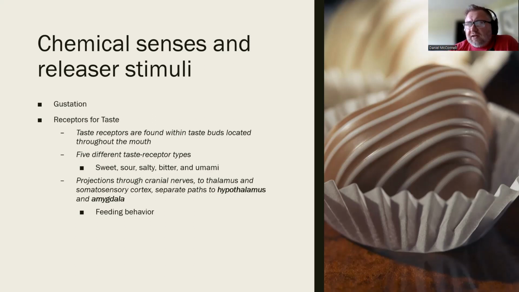It seems that we have 5 primary taste receptors that register different so-called primary taste sensations of sweet, sour, salty, bitter, and umami or savory. The claim here, when it comes to explaining flavor perception, is a bit of a challenge.